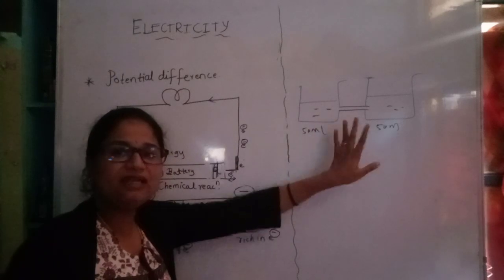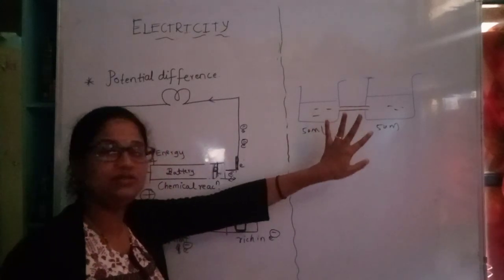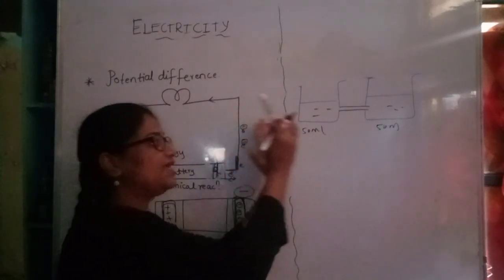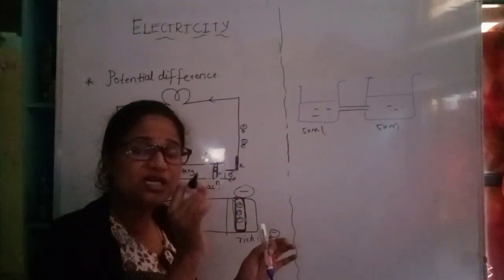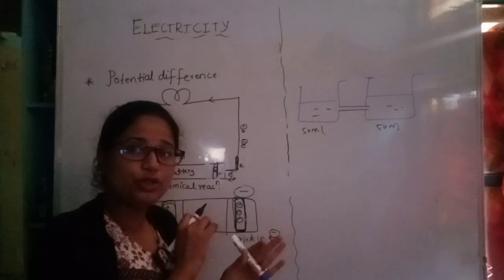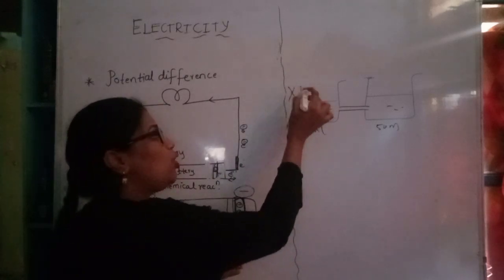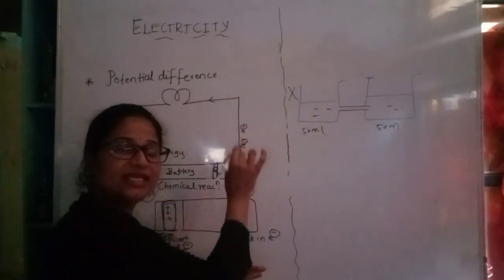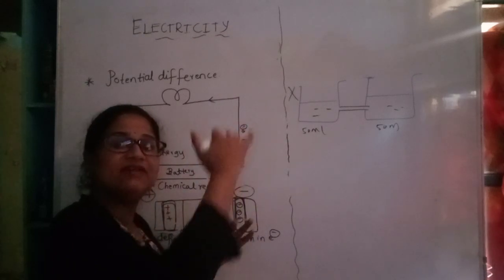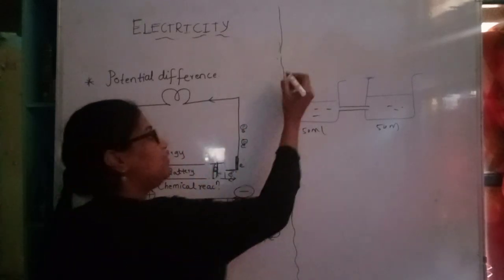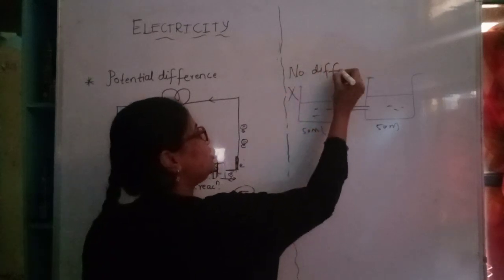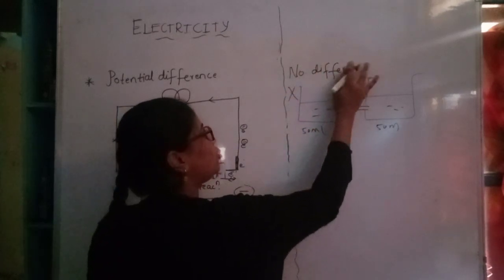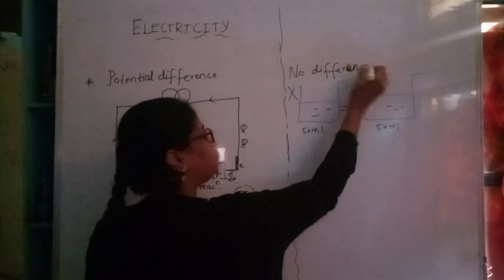When you connect a pipe between these two beakers, where the height is the same and the amount of water is the same, can you observe any movement of water? No, because there is no height difference and no difference in water level. That is why you can't see the movement of water.